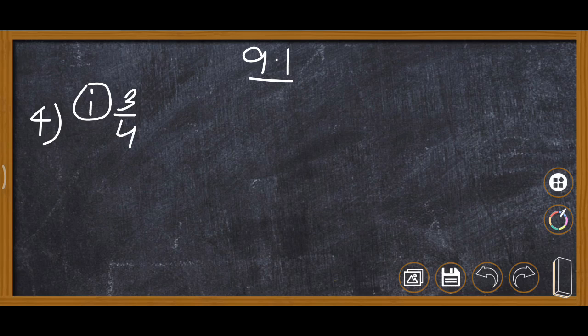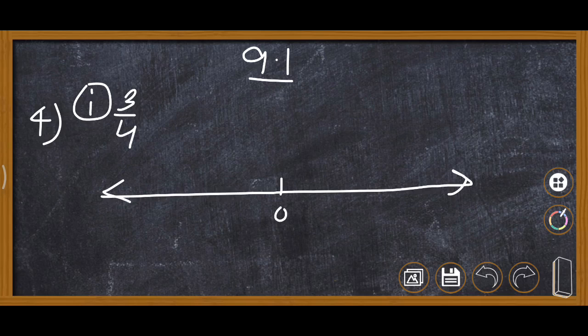It is on the positive side. First of all, draw a line. In the middle you are required to write 0, and then here are 4 lines. This 4 shows the number of lines you are required to draw: 1, 2, 3, 4, and the numerator you will write here, this is 3.